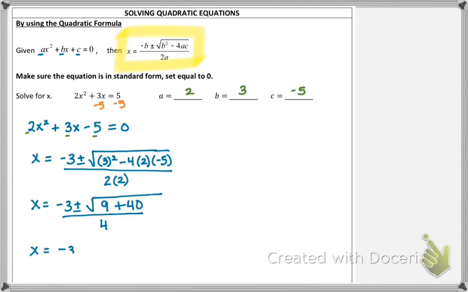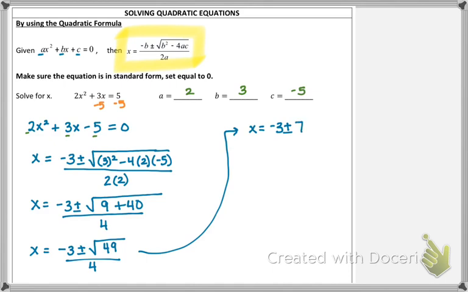X equals negative 3 plus or minus the square root of 49, ooh, I like that, all over 4. Okay, I like that because I can take the square root of 49. That's a nice number. And if you can't take that square root, then you try to simplify it and you leave it as a radical. So x equals -3 plus or minus the square root of 49, which is 7, over 4.